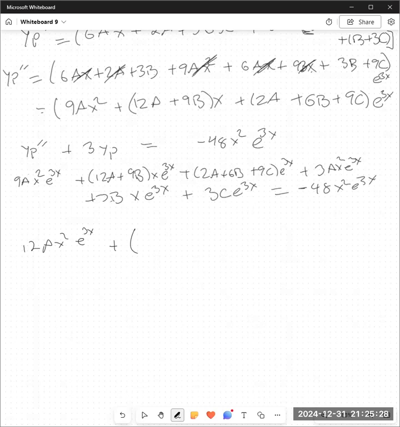We have another 3b, so that's 12a plus 12b x e to the 3x, plus, and then we have 2a plus 6b plus another 3c, that will be 12c, e to the 3x, needs to be equal to negative 48x squared e to the 3x.